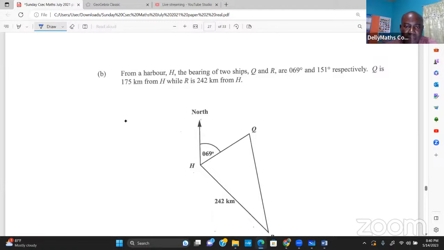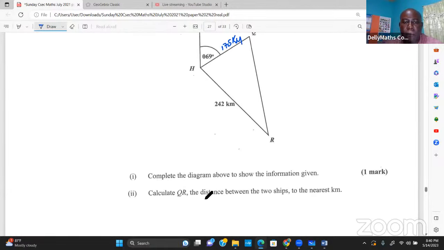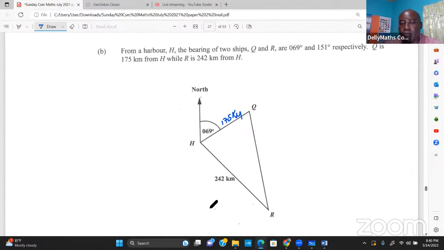Q is 175 from H, while R is 242 from H. Question: complete the diagram above to show the given information.